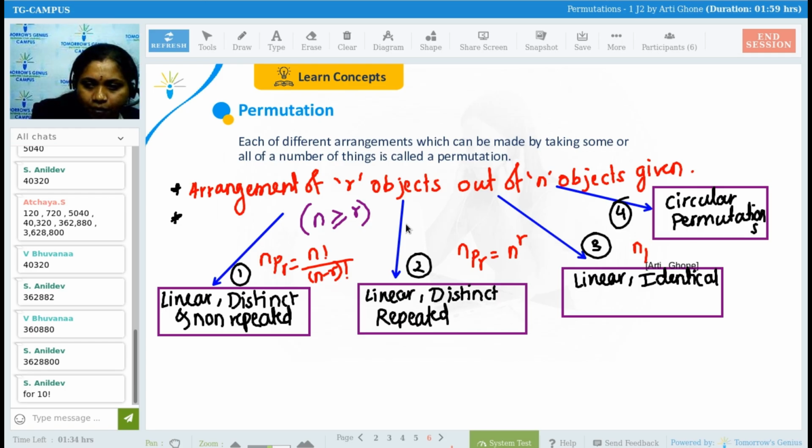Here nPr is equal to n factorial upon p factorial into q factorial into r factorial. Clear? So where p, q, r are identical.